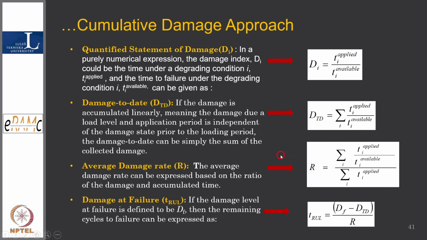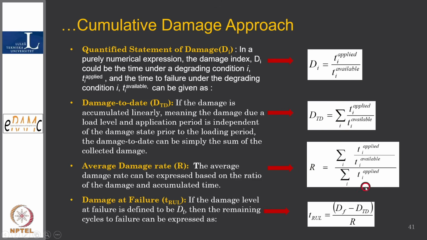That is again about life cycle loads, so what is the damage as of today, that is available, and that is the damage to date. Then there is the average damage rate. It is nothing but the summation of T applied upon T level divided by T applied.